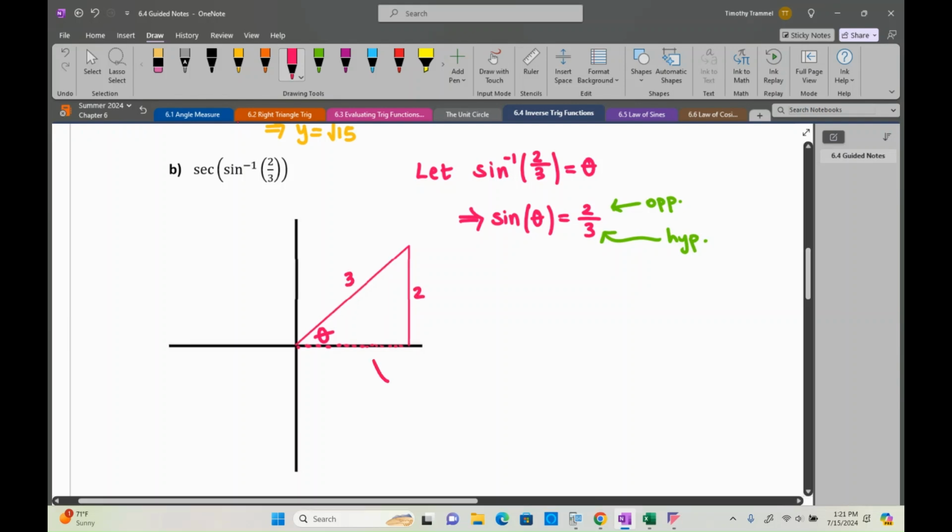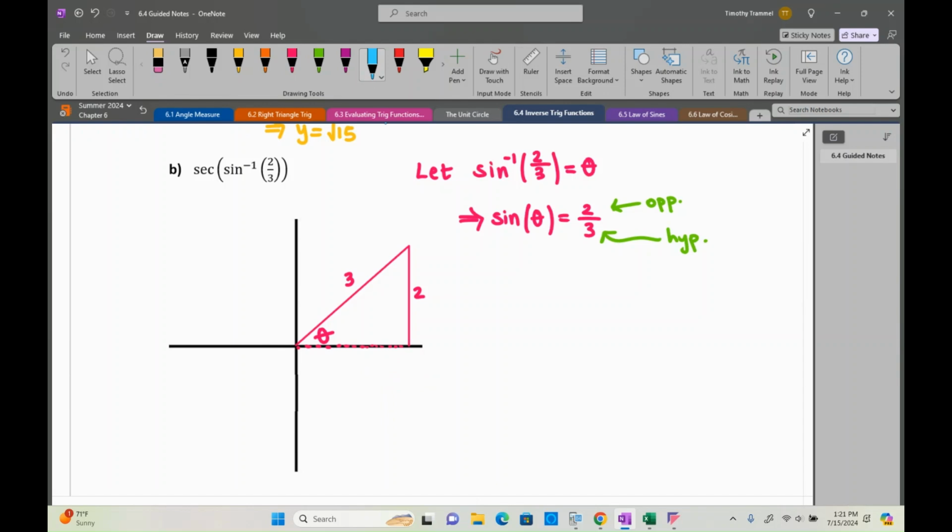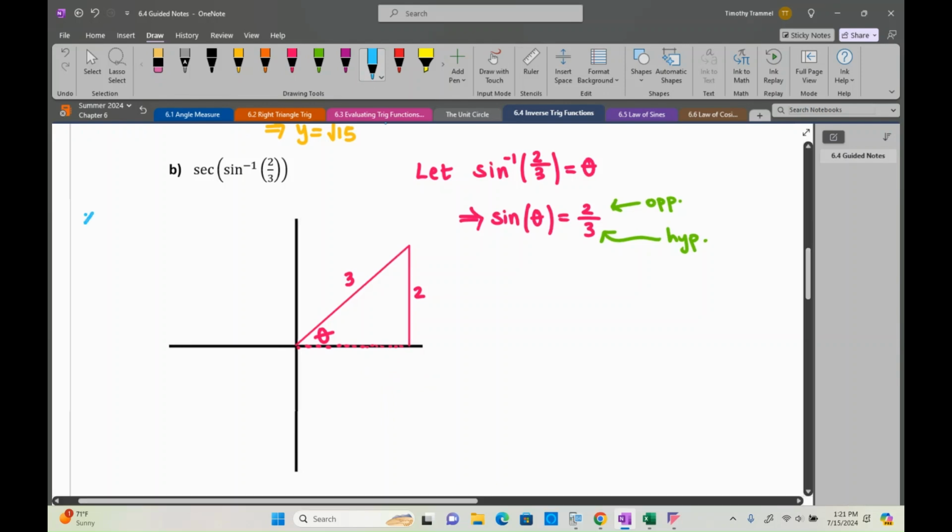Okay. So now sine of theta here is again opposite over hypotenuse. Okay. And so I have this little missing side here. And so what we could do is use our Pythagorean theorem. So I could say x squared plus 2 squared is equal to 3 squared. And so that's going to give us 9 minus 4, which is 5. So I have x squared is equal to 5.